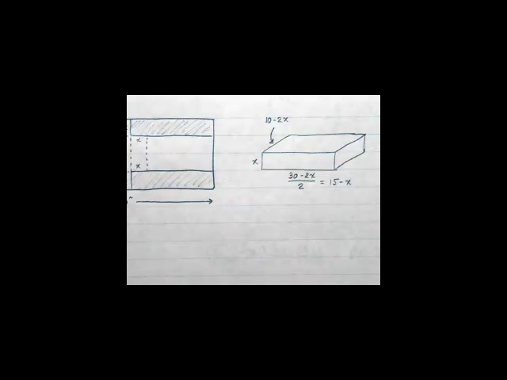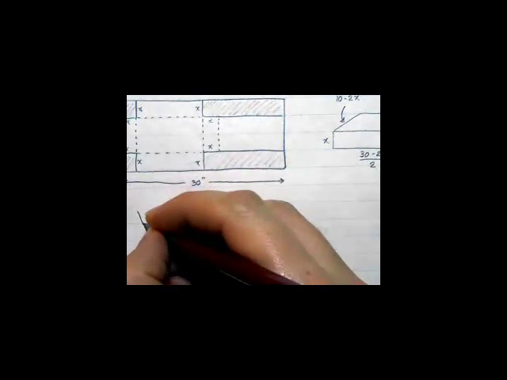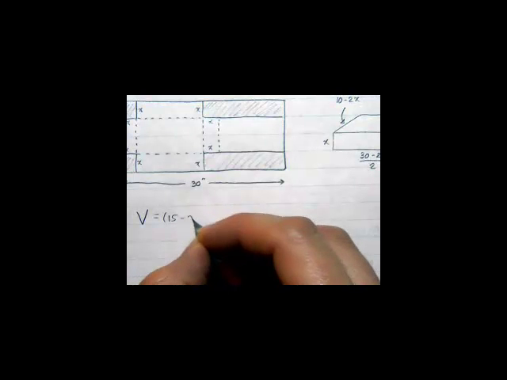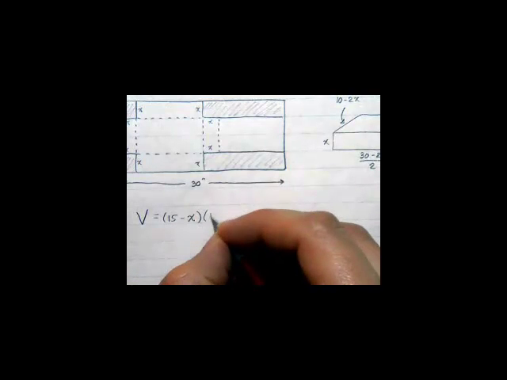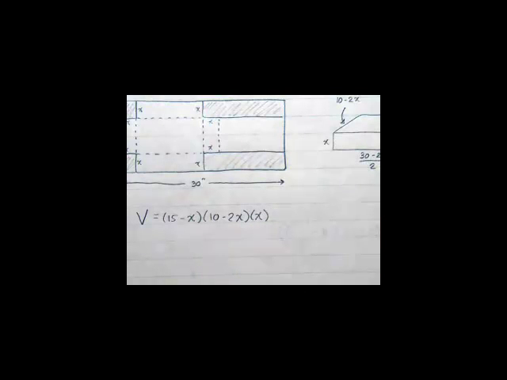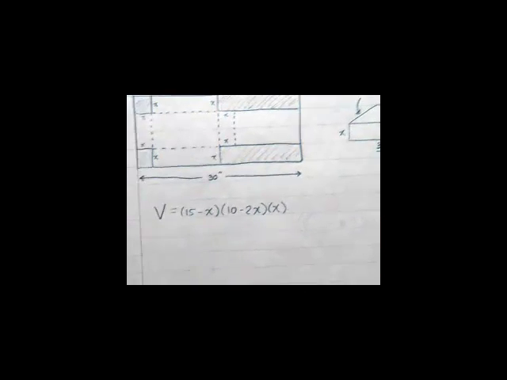And so now it's pretty easy to come up with a volume equation, right? Length times width times height. Take those 3 dimensions we just came up with and multiply them. So length times width times height. There's your volume.